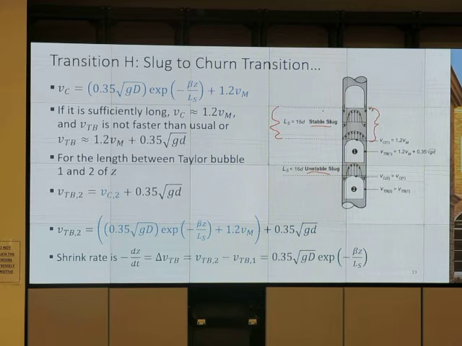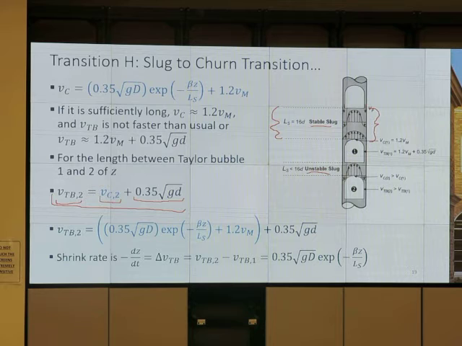So if the slug length is long enough, you see this equation. The slug length between the tails of the bubbles will be that. VTB2 is the center velocity in bubble 2 plus a little bit of drift velocity, right? That's VTB2.